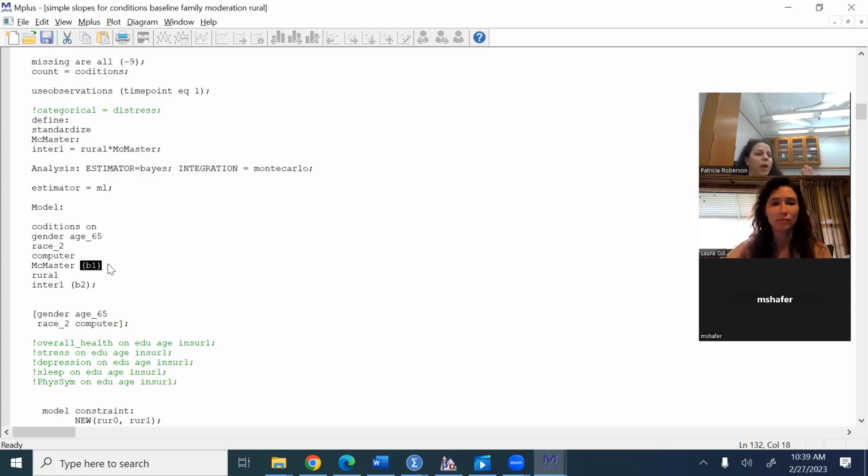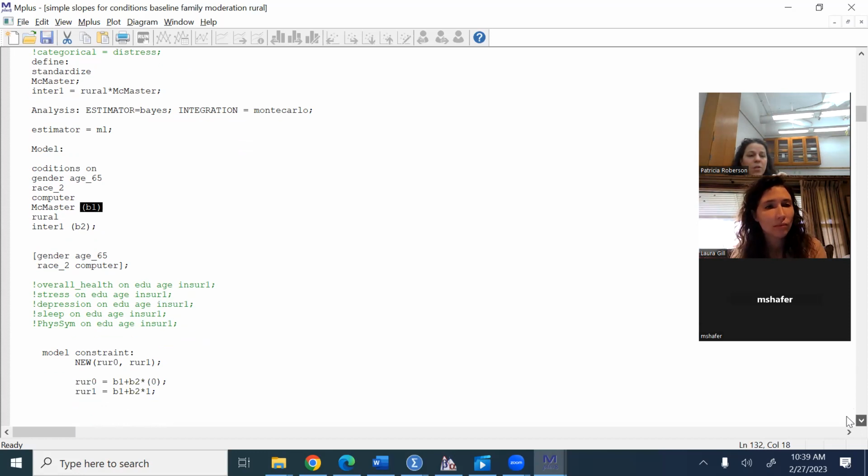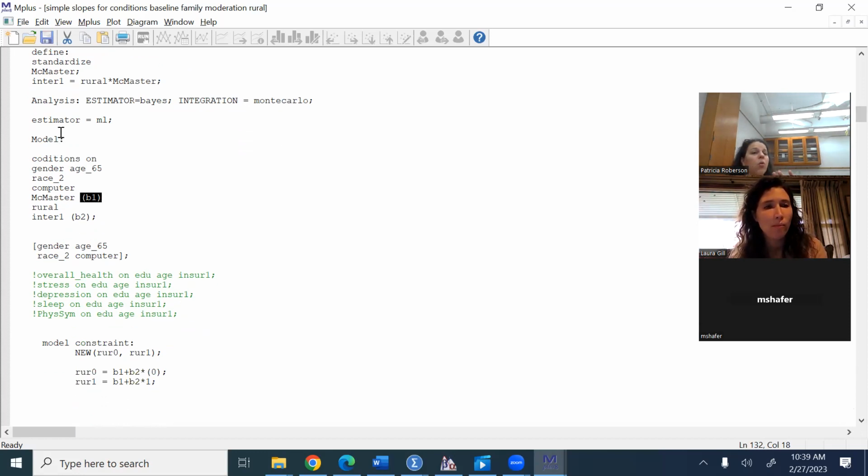So I named this parameter. The conditions regressed onto McMaster's, I'm saying, I just want to tell Mplus that I'm going to name this parameter B1. And then this interaction term between rurality and McMaster's, I just want to name it B2. So then that helps for when I come down to here, because I know that there's an interaction, and I'm just curious about the simple slopes effect.